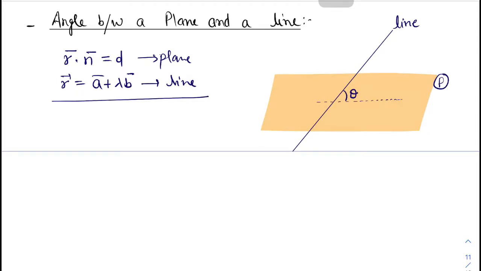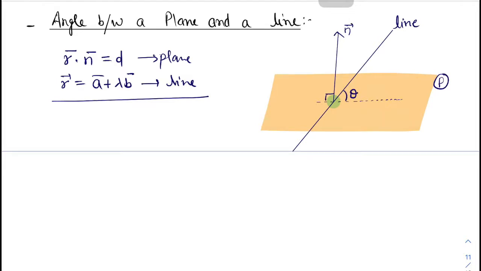Okay, so observe that this normal vector n vector is the normal to the plane. So let me draw this n vector. I can draw this n vector anywhere. So this is our normal vector, this is normal to the plane.